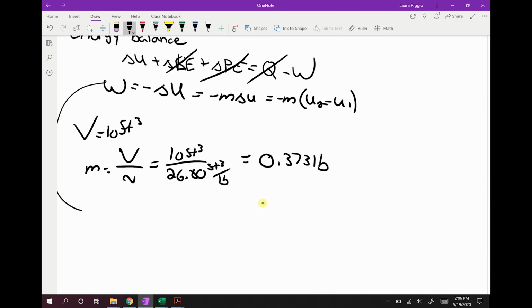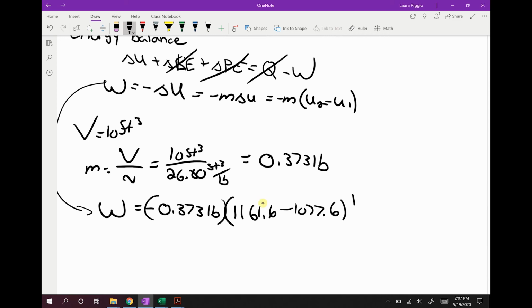So if I go back, my work is equal to minus 0.373 pounds times 1161.6 minus 1077.6 BTUs per pound. So my work is equal to minus 31.3 BTUs.